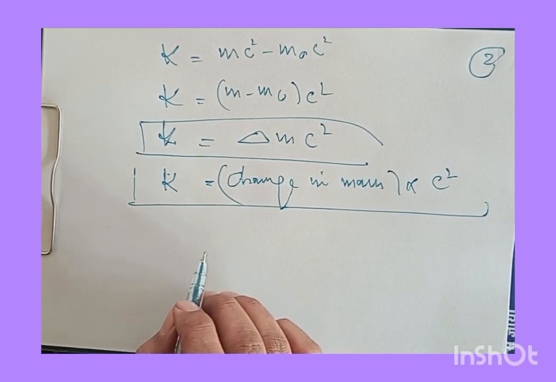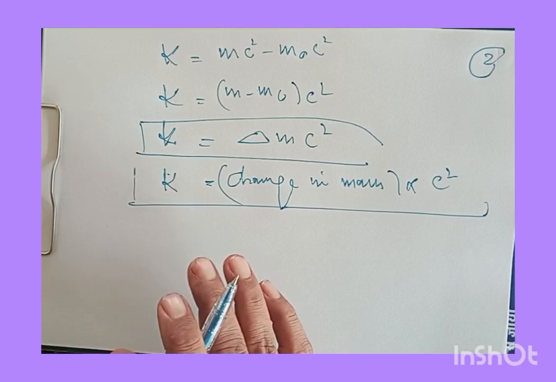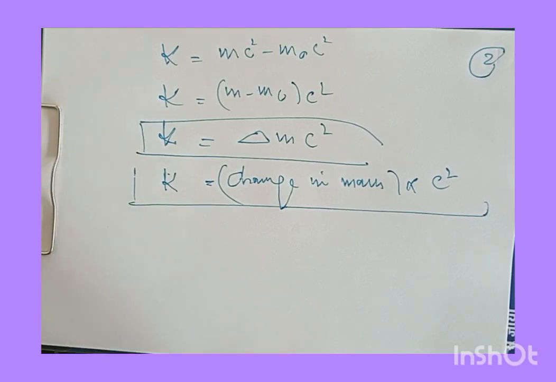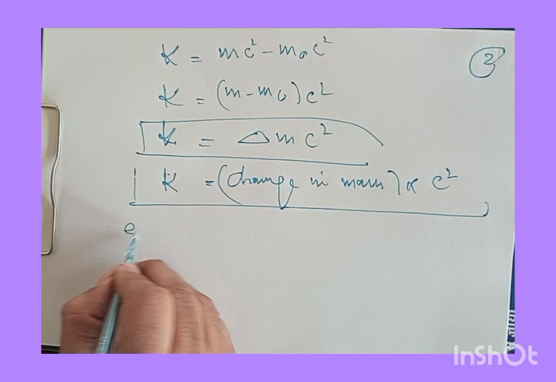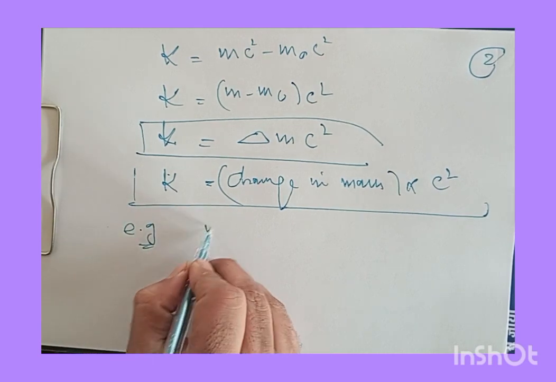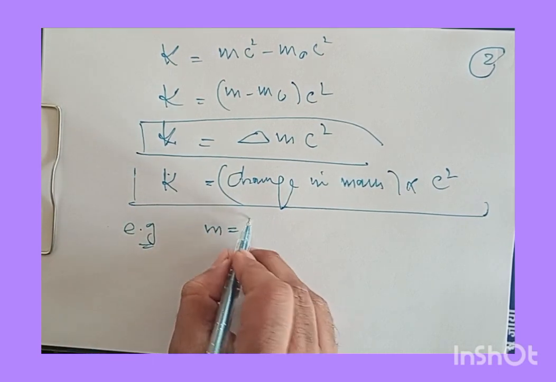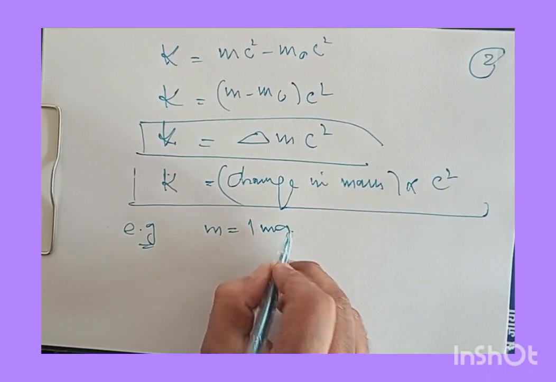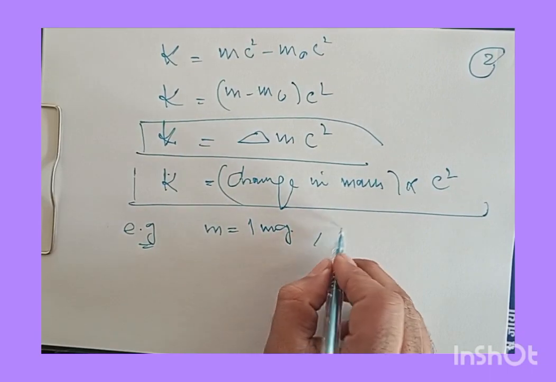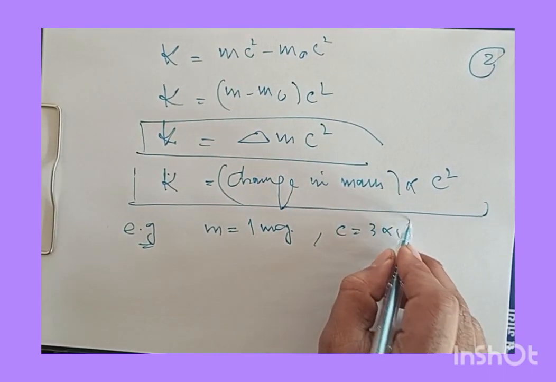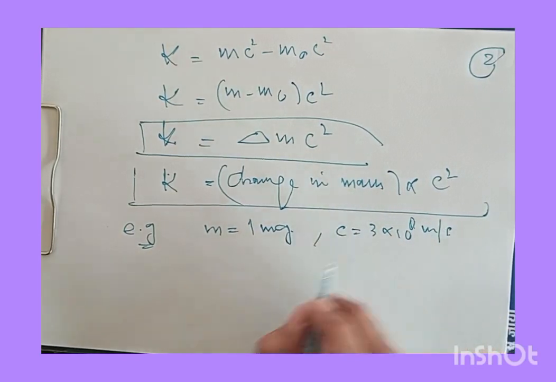At this point, if we want to get an idea about the energy that we can have when there is a change in mass, let's take an example. Say I have a mass of 1 mg, and the speed of light is 3 times 10 to the power of 8 meters per second.